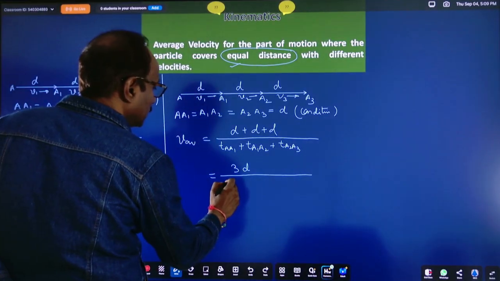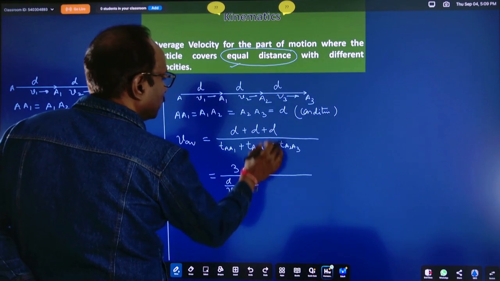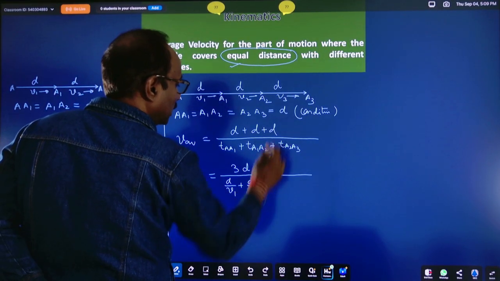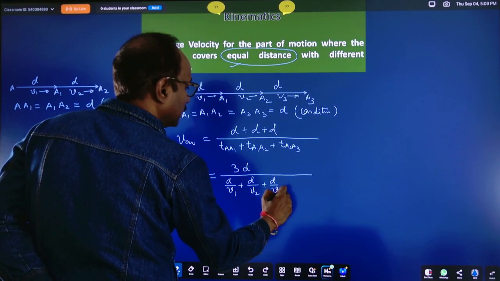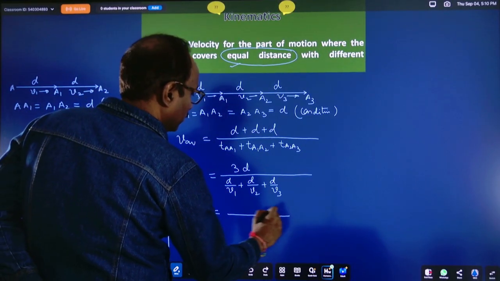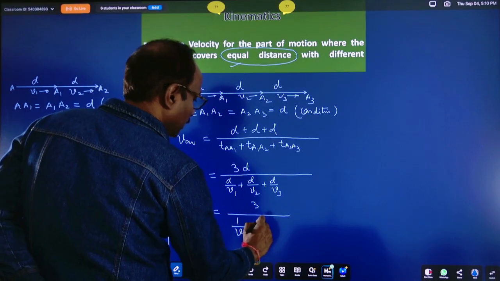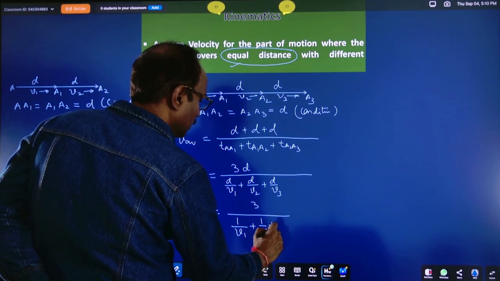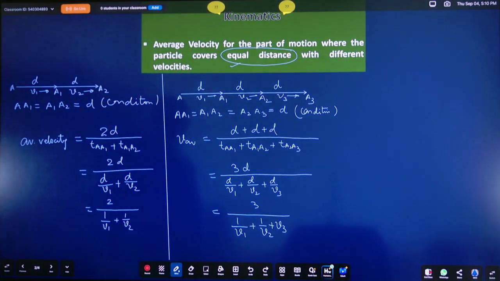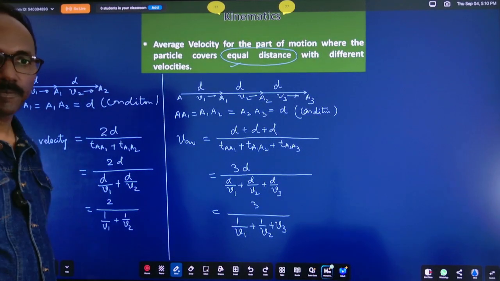So D divided by V1 for this, D divided by V2 for this part, D divided by V3. So your D will cancel out and your equation will become 3 divided by 1 by V1 plus 1 by V2 plus 1 by V3.